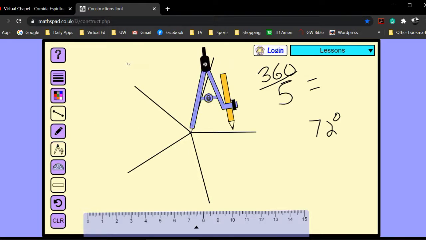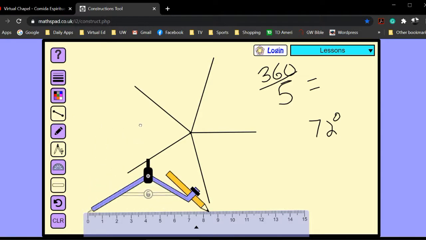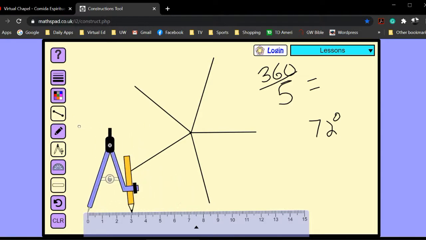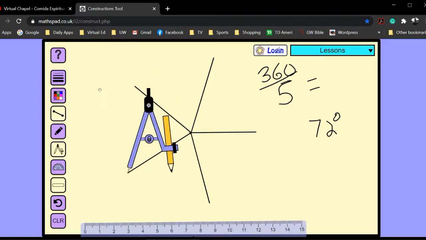You can have them at whatever you want, but I'm going to put my compass here at however long I want the sides to be. For this example, I'm going to put everything at 3 inches, or 3 centimeters, I think this is. So I'll lock this in at 3. So now this is at 3.